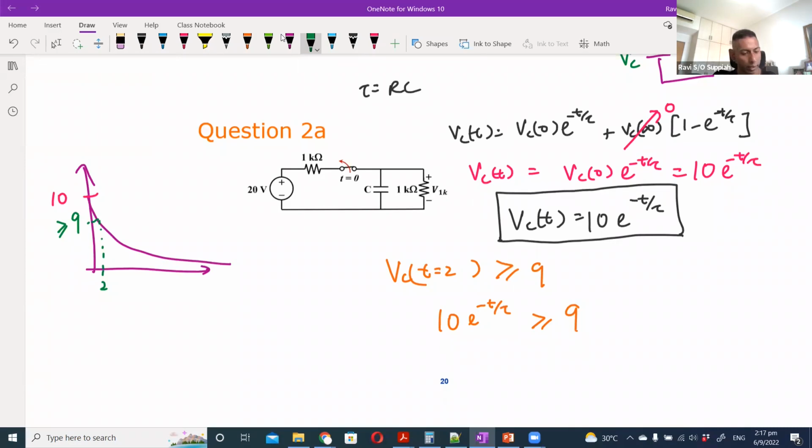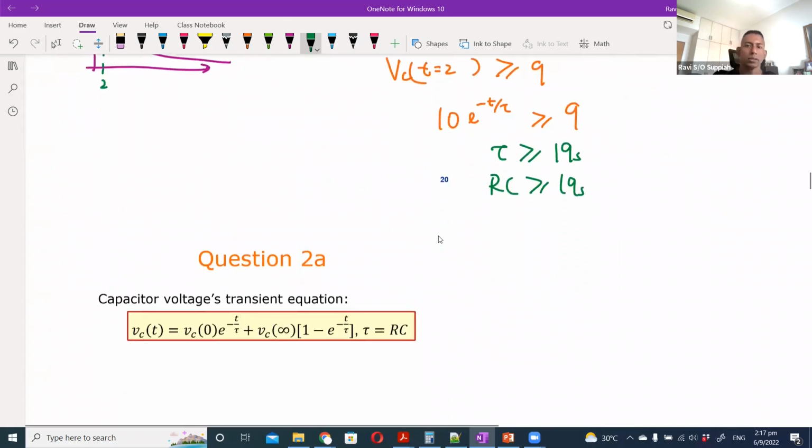Eventually what you will get is tau must be greater than or equal to 19 seconds, which means that RC must be greater than or equal to 19 seconds. Since your R is fixed, C must be greater than or equal to 19 over 1K, so C must be greater than or equal to 19 millifarad.